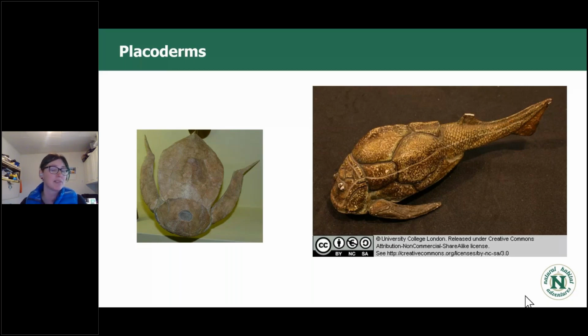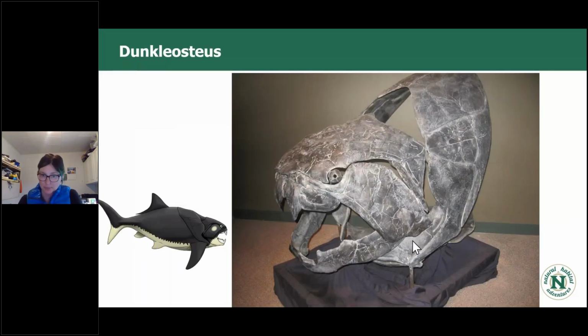Probably the most famous of all the armored fishes was this guy here, Dunkleosteus, who was named for a famous paleontologist. So they were some of the largest placoderms. I think some of the most kind of freaky and scary looking.